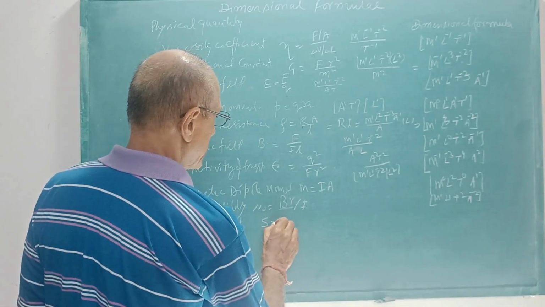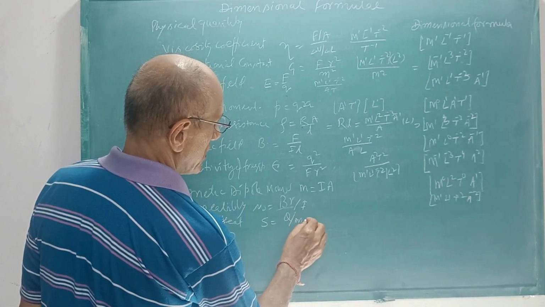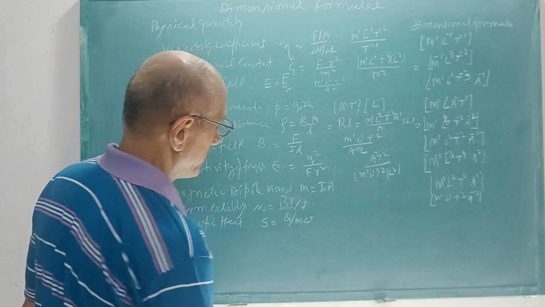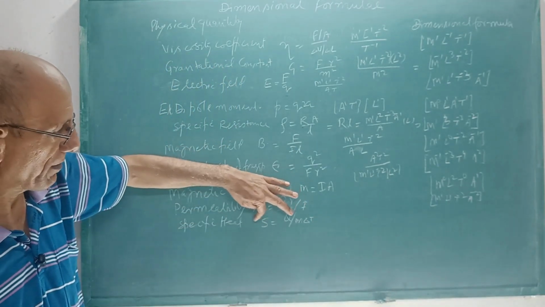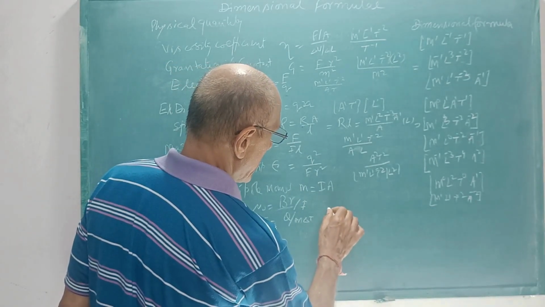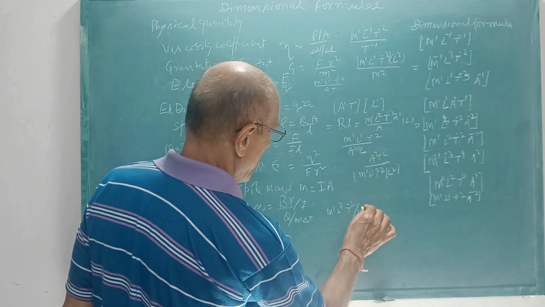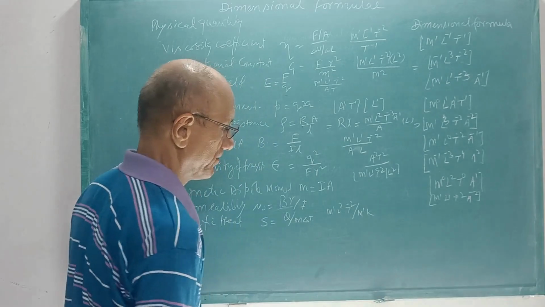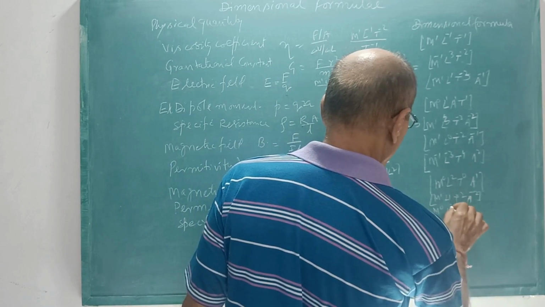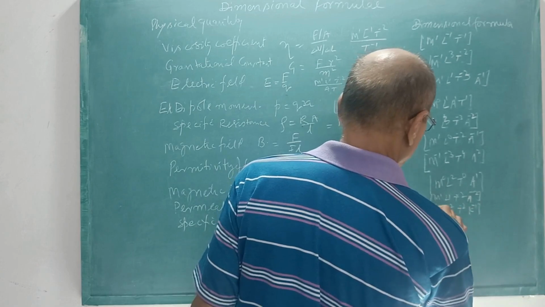This specific heat is heat per unit mass per unit rise, or change, in temperature: delta T, and Q equals m s delta T. So here heat is energy, M1 L2 T minus 2, divided by M1, and temperature is Kelvin. So here it will be M0 L2 T minus 2 K minus 1.